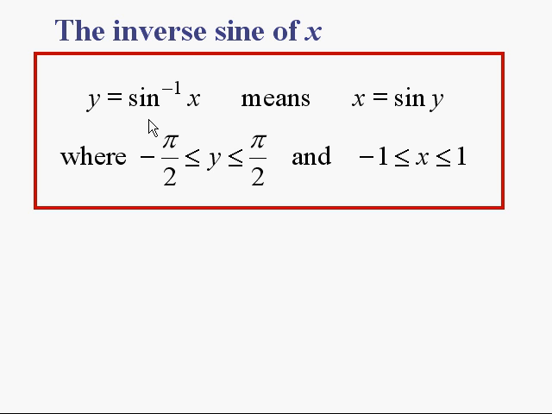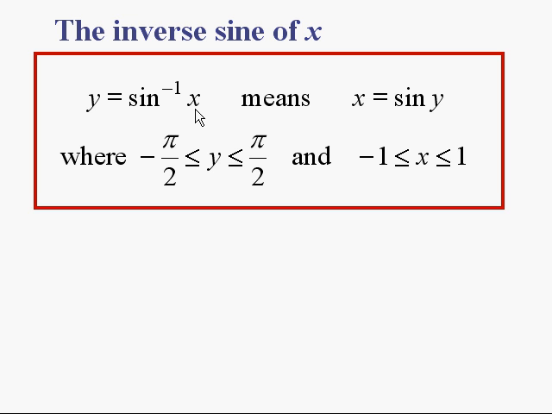So this equation interchanges the roles of the x variable and the y variable. Y equals sine inverse of x is equivalent to x is sine of y. This inverse here doesn't mean the reciprocal, which you might expect from an algebraic context, but it is an inverse function where the roles of the variables are switched.